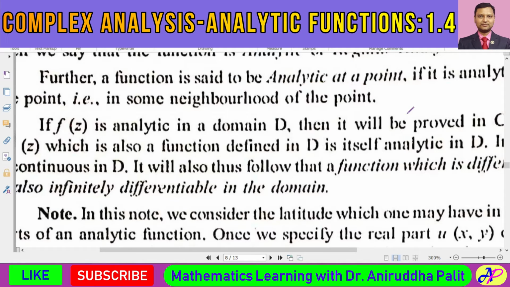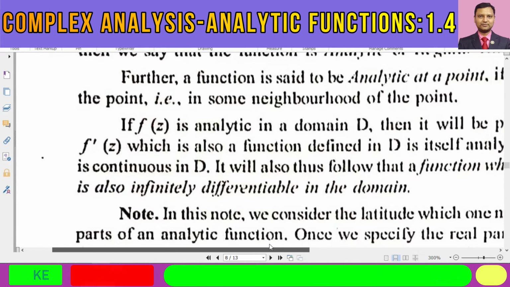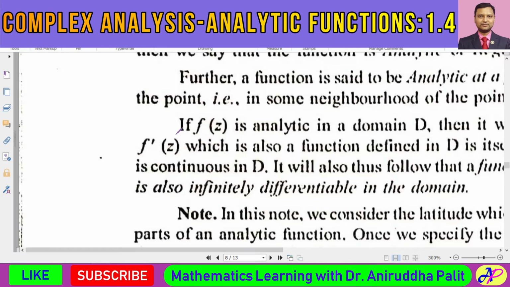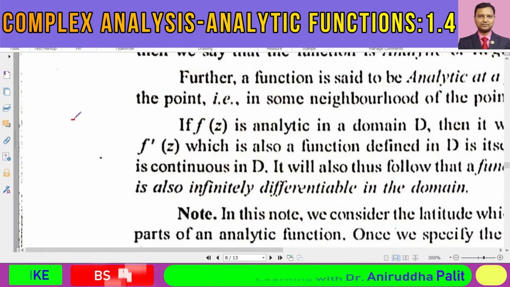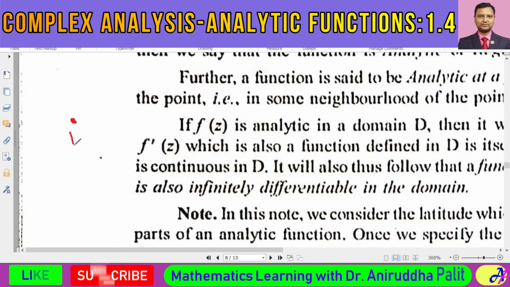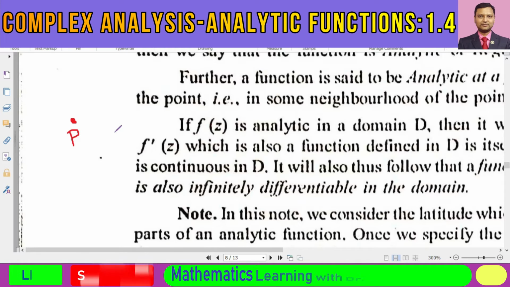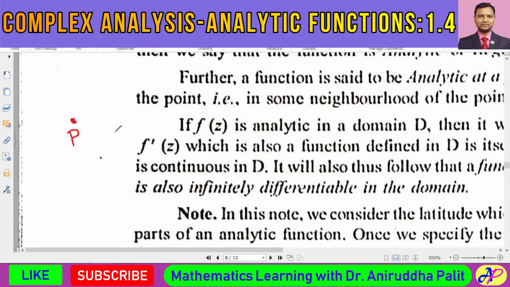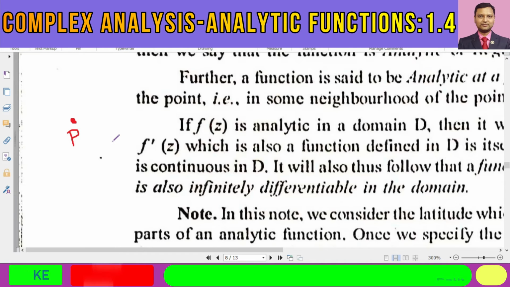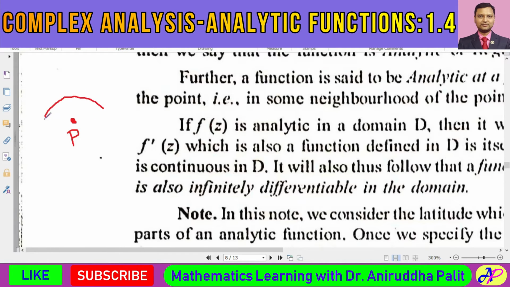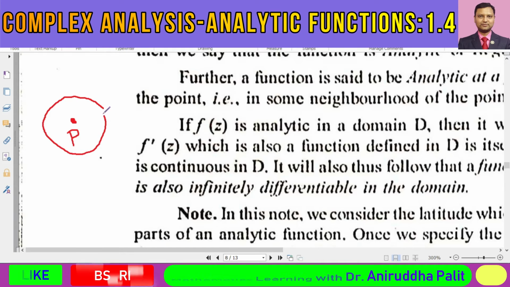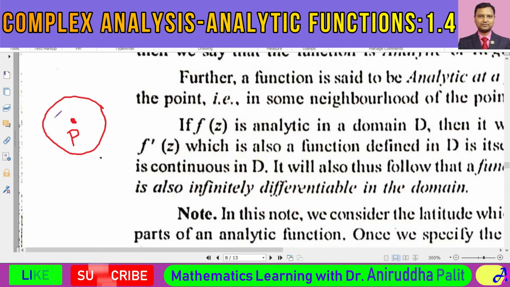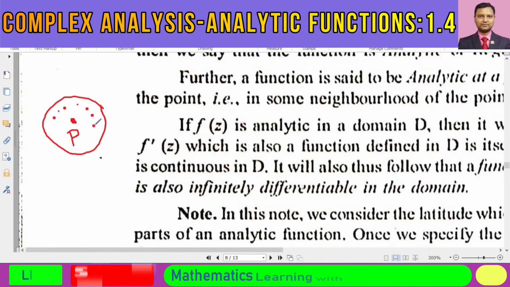Now, how to define analytic function at a single point? In that case, suppose we have a point, maybe say the point P. We say that the function f is analytic at the point P if there exists a sufficiently small neighborhood of the point P at each and every point of which the function is analytic.